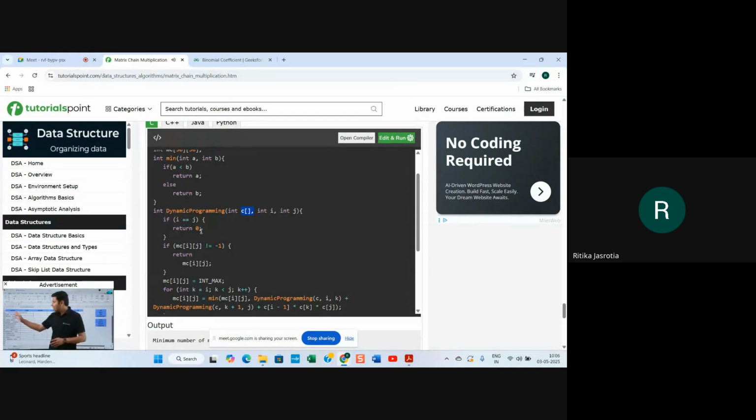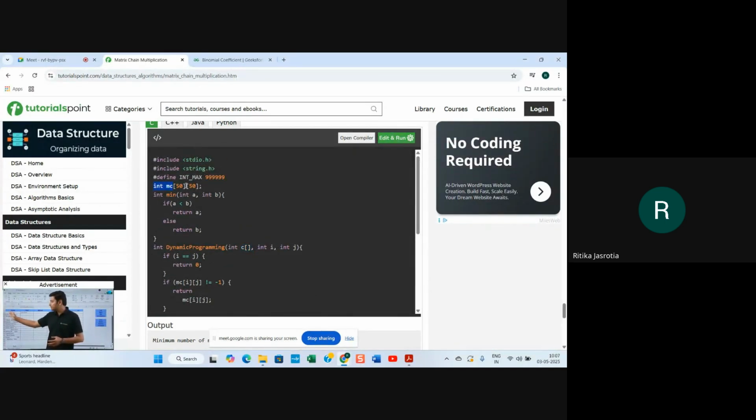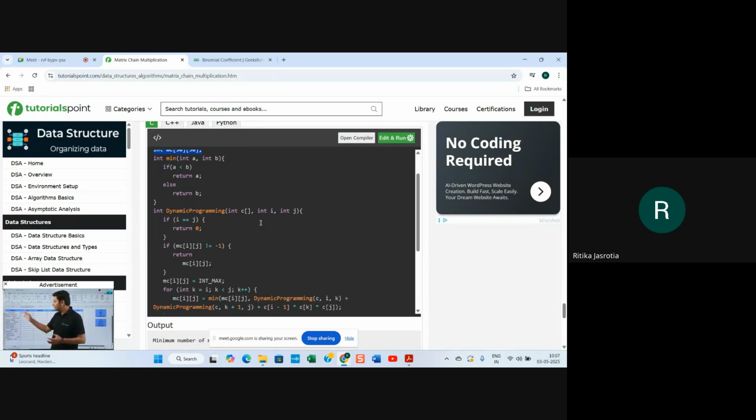If i is equal to j, you return 0. Else if mc[i][j], so this is the matrix you have defined here, is not equal to -1, return mc[i][j].